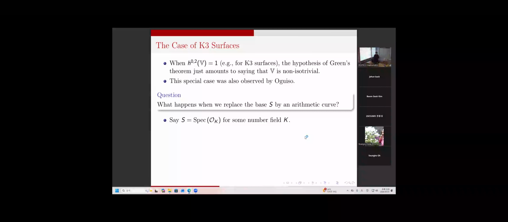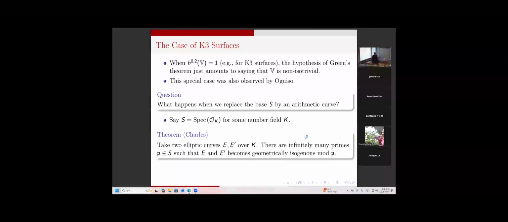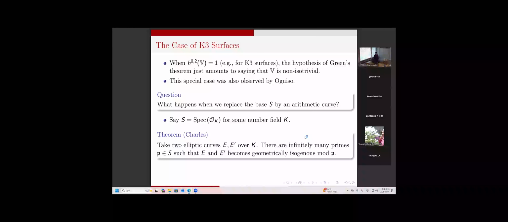Let's say S is the ring of integers of some number field K. In this case, the first result in this direction is the theorem of Charles, which was published around 2018.